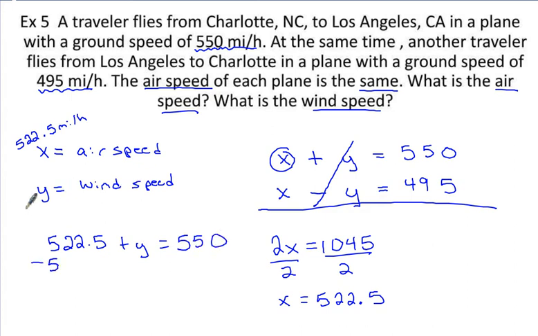You're going to minus 522.5 minus 522.5, and that's going to give you a wind speed of, you tell me when you do the math. 27.5. That's not a slow wind, guys. I mean, it's not fast, but that's definitely going to help or hurt you. And it's going to push the plane around a little bit.